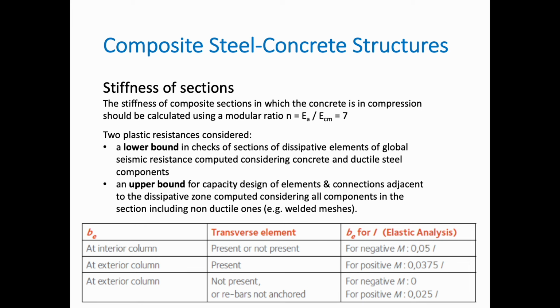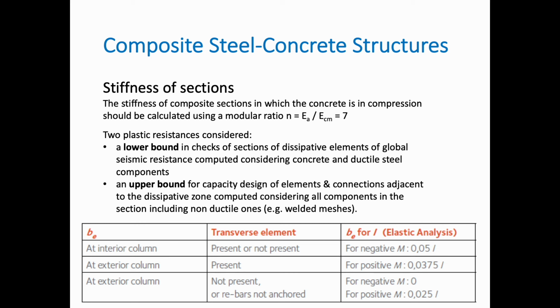It is important to know that there are two bounds for calculating the plastic resistances. One is related to the checks that we need to do for the concrete and the ductile steel components.